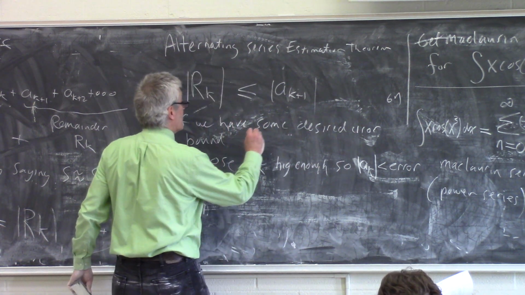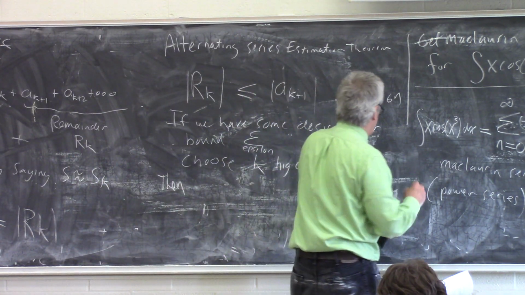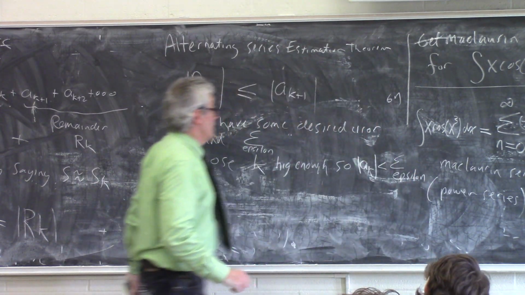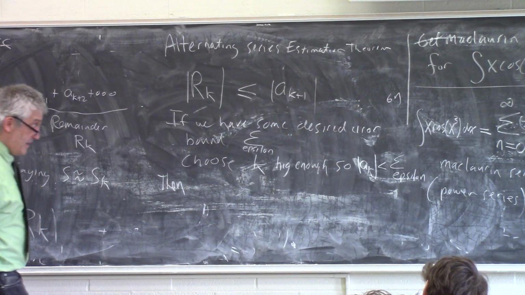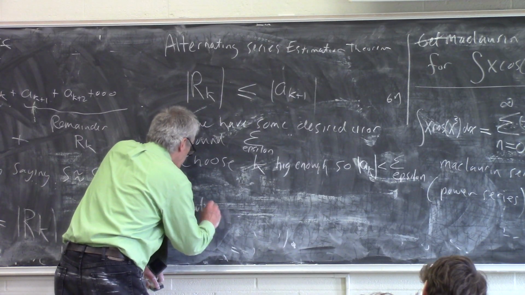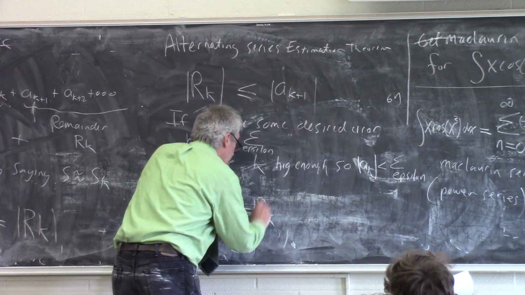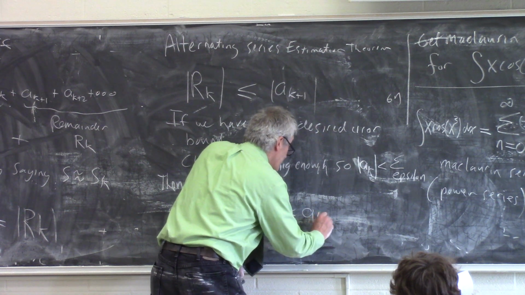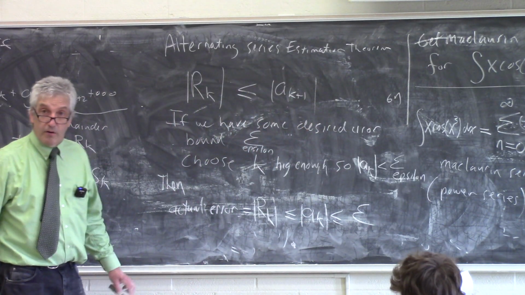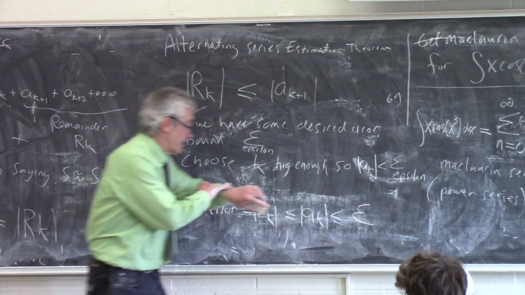The error bound, let's call it epsilon. If we choose AK to be smaller than epsilon, then our actual error, which is RK, is going to be less than or equal to AK, which is less than or equal to epsilon. That's our strategy. We want to figure out a K that's big enough so that this is true, and that's going to make sure that our actual error is within bounds.